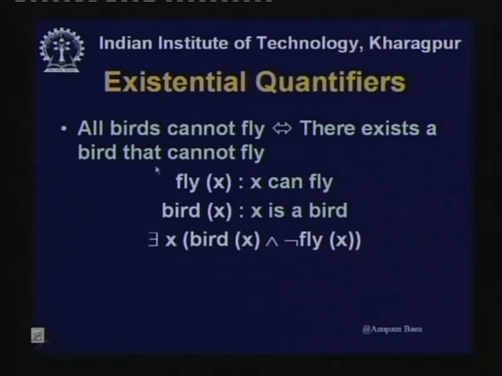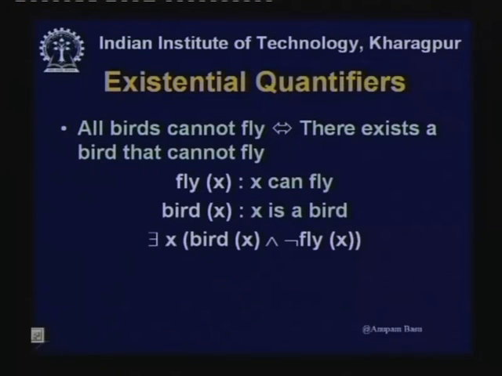Now, another statement is like this: all birds cannot fly. This statement is just equivalent to the statement there exists at least a bird which cannot fly. If you say, well, all birds cannot fly, I say, okay, go ahead, prove it.